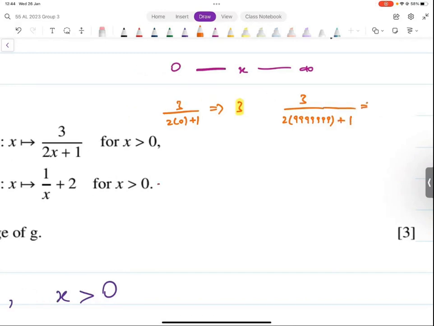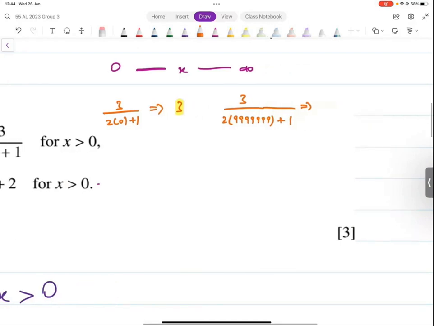Tell me what this value turns out to be. अब calculator आपको क्या return करेगा? Calculator क्या value दे रहा है? 1.5 into 10 raised to the power minus 9. What do you think this number is? 10 raised to the power minus 9. It's an extremely small number. So it's very close to 0, basically.